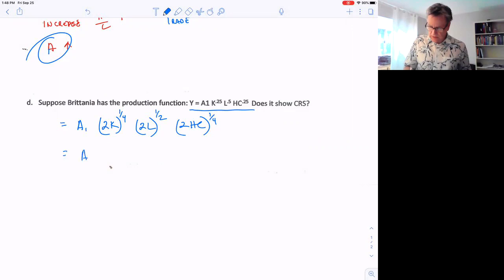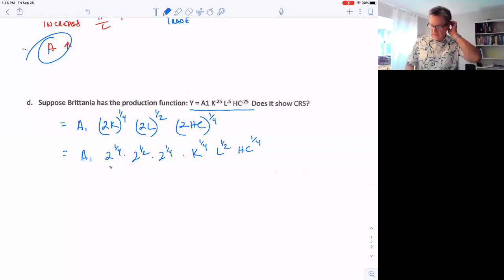So that's equal to A1 times 2 to the quarter times 2 to the 1/2 times 2 to the quarter times K to the quarter, L to the 1/2, human capital to the quarter. And that's going to be equal to A1 times 2 times K to the quarter, L to the 1/2, human capital to the quarter power.